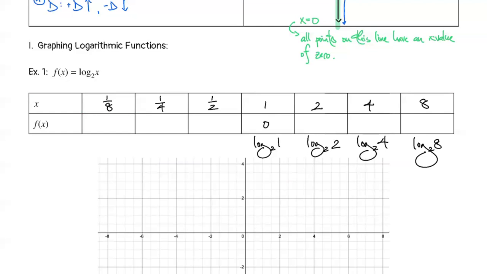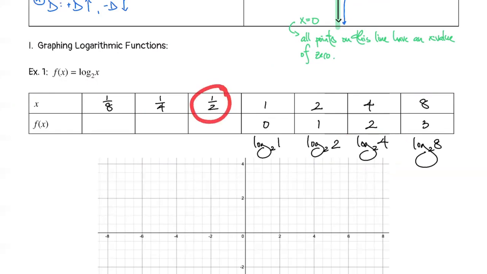Okay. And when we ask it like that to ourselves, I think we know that 2 to the 3rd power is 8. Over here, we would say 2 to what power gives us 4? And we would say 2 squared is 4. And then we'd say 2 to what power gives us 2? We'd be like, oh, just the 1st power.